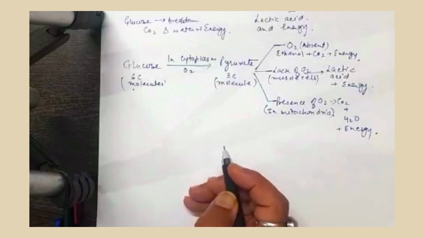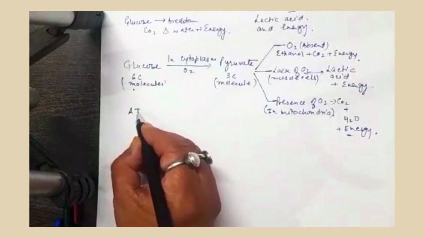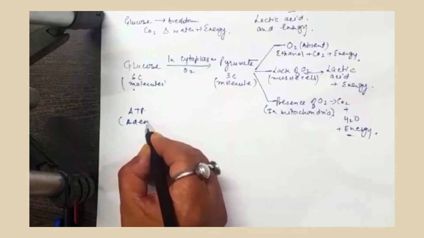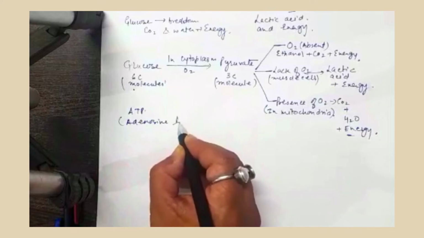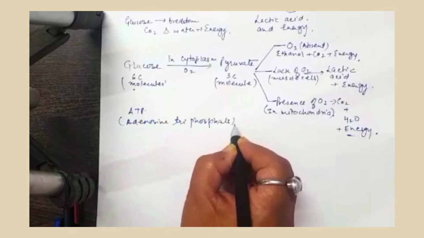The energy that we are talking about, this energy is in the form of ATP. The ATP full form is adenosine triphosphate. Okay?